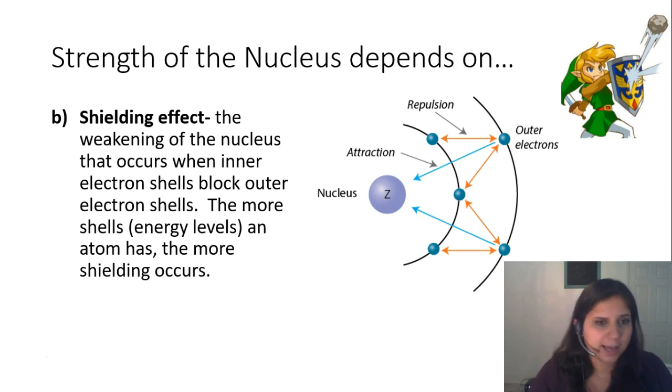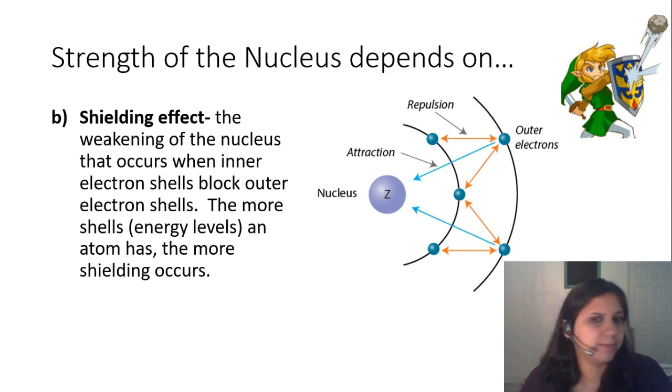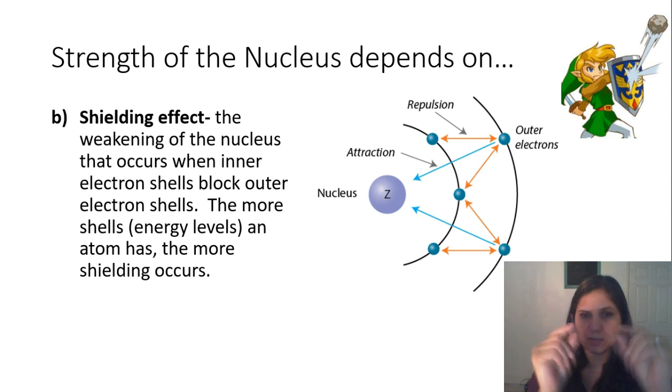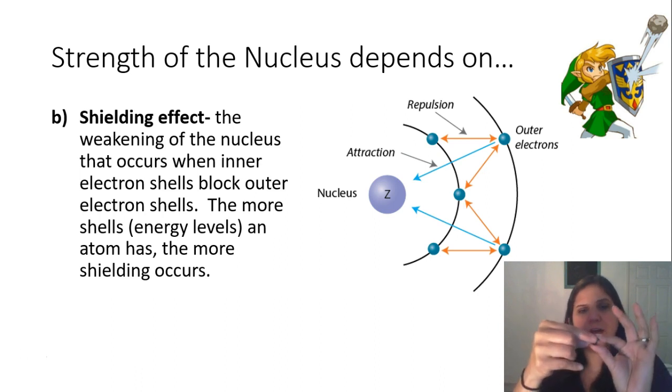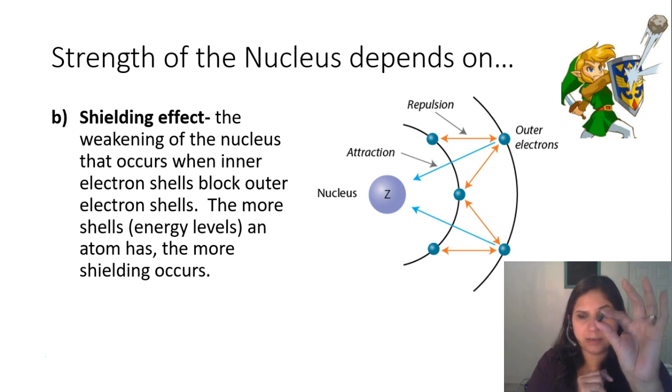The more shells you have, energy levels, we can think about these in terms of Bohr diagrams, the more shielding that's occurring. Okay, so you have to remember that the nucleus has protons, which are positively charged, and they are attracted to electrons, which are negatively charged. Here we have two magnets to show that those opposite charges will attract each other.